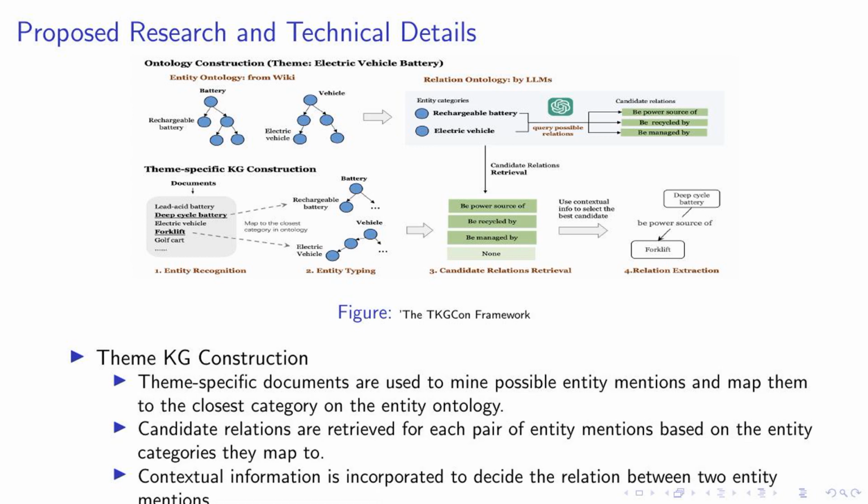In this slide, we delve into the technical details of our proposed research, specifically the theme KG construction. This process begins with theme-specific documents. From these, we mine possible entity mentions and map them to the closest category in our previously constructed entity ontology. Next, we retrieve candidate relations for each pair of entity mentions.